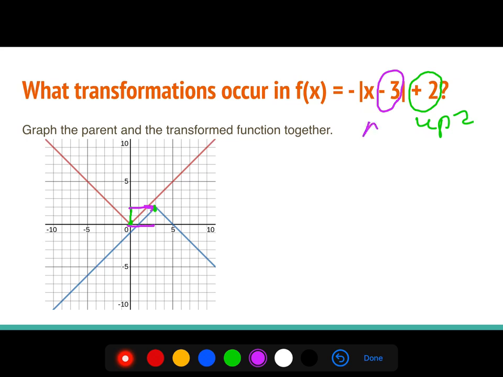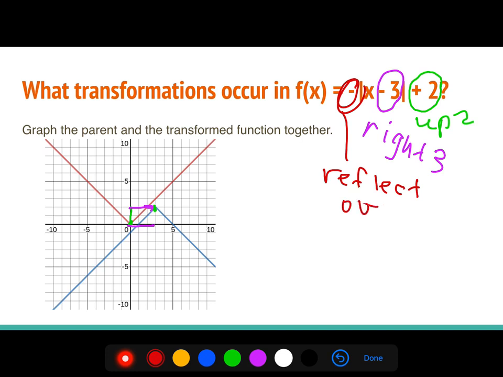Look, he did go right 3. And then the most obvious one to us is that he's upside down. That negative says that he reflected over the x-axis. So he did 3 things. He's upside down, that's the reflection. See the V to the upside down V. He moved to the right 3 and up 2.